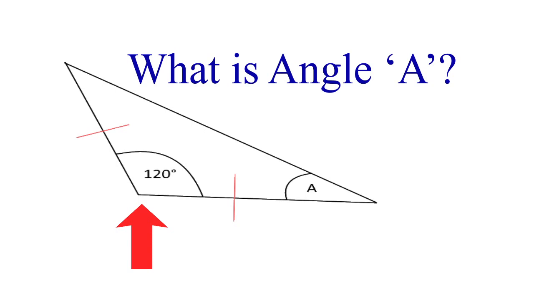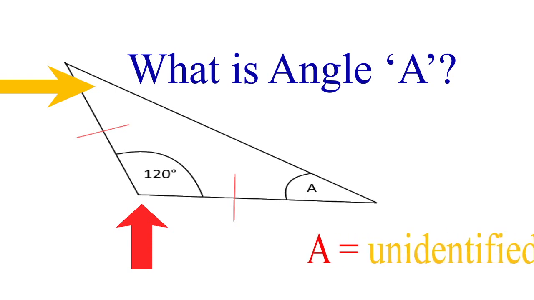Our 120-degree angle is positioned in between those 2 red slashes, which indicates it is the odd angle out. What that means is that the other 2 angles, A and our unidentified angle, are the same value. So as there are 2 angles that are the same, A equals the unidentified angle. They're both the same value.